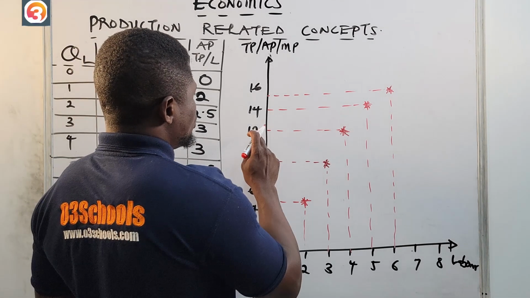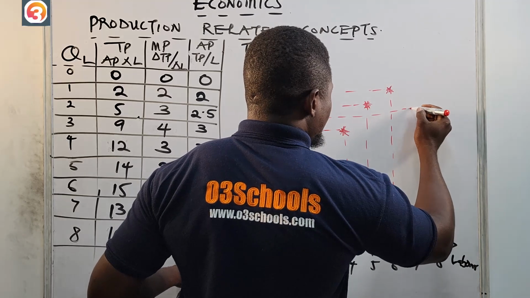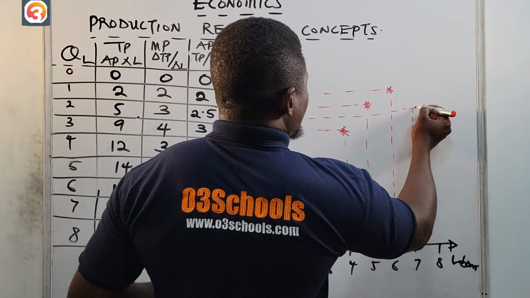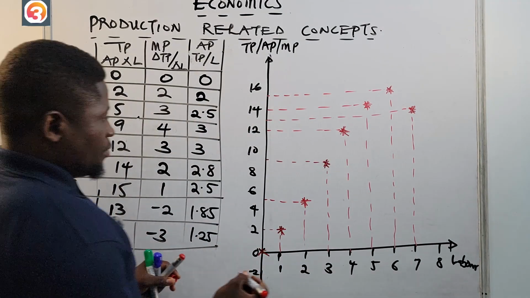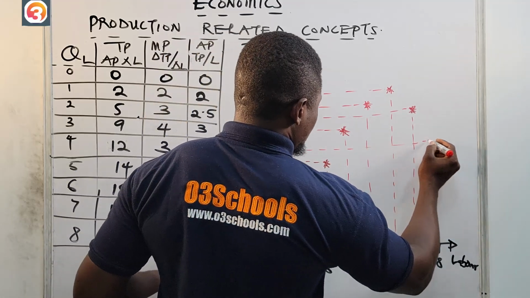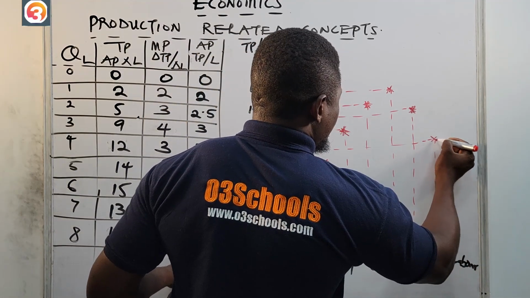Where is 13? 13 is between 12 and 14, so it was somewhere here. We also mark this point. When it was 8, it was 10. Where's our 10? 10 is here. So we trace it to meet our 8.